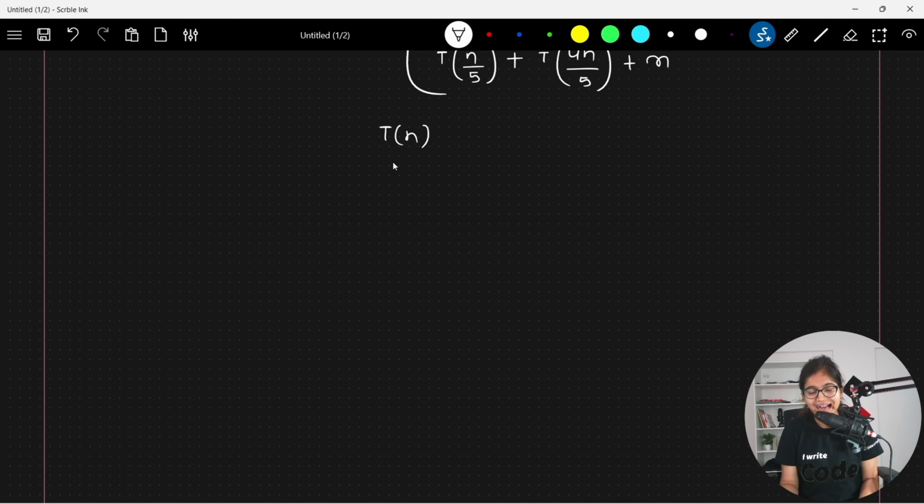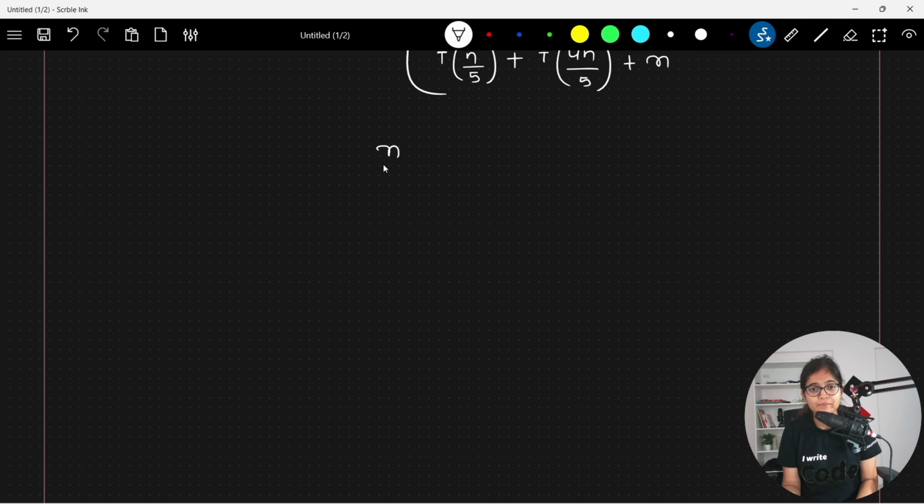Here, if you try to observe, we have the value of T(n), and what we are trying to do is divide our data into parts. Suppose we have n size elements, where n is the size.